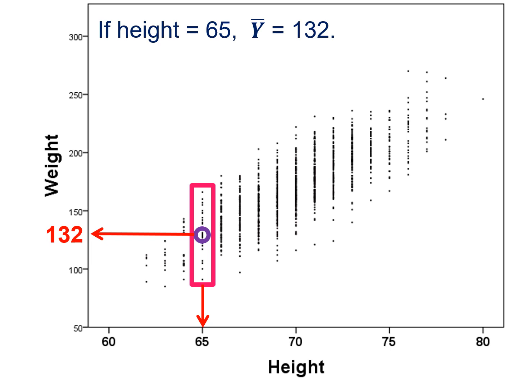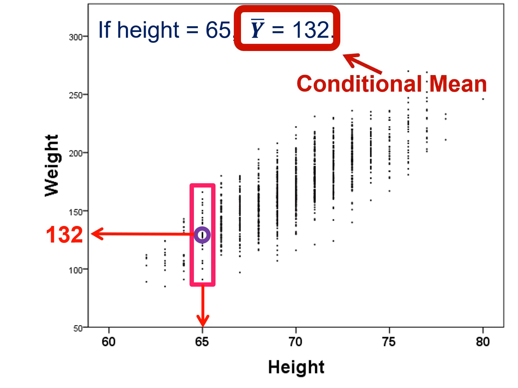So we can sum up the information about this subgroup by using what is called a conditional statement. If height is equal to 65 inches, the mean of y equals 132 pounds. We call 132 the conditional mean for this subgroup.